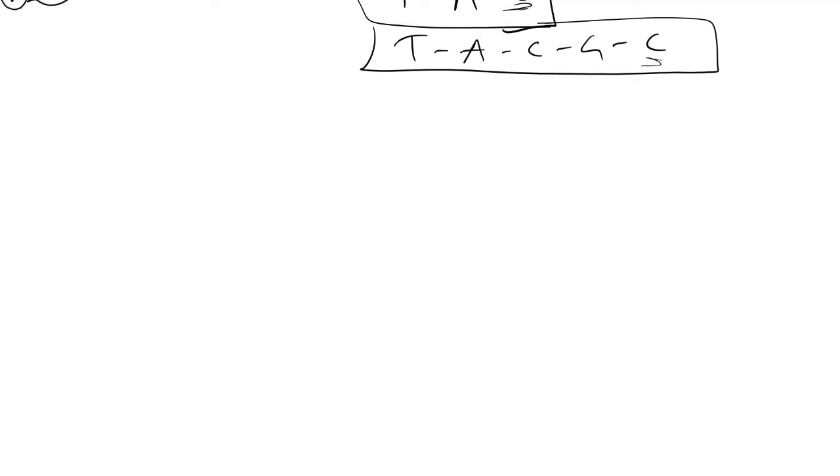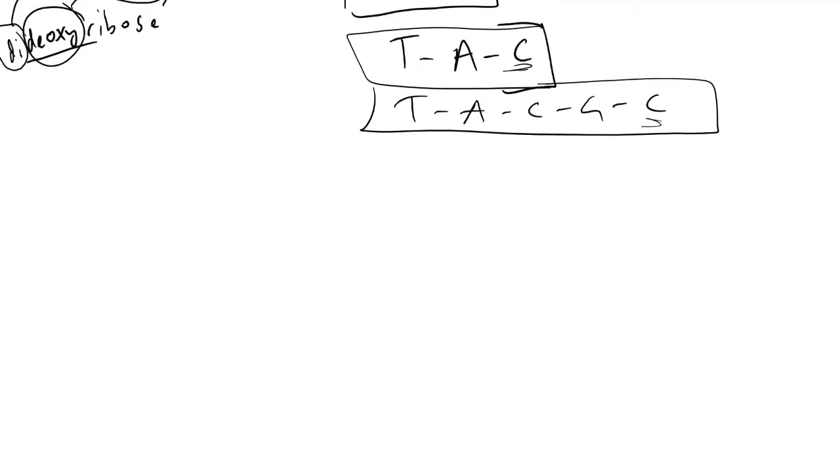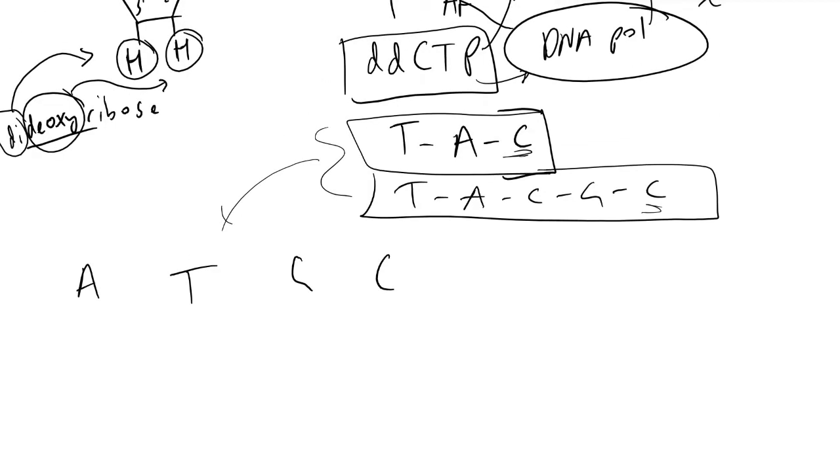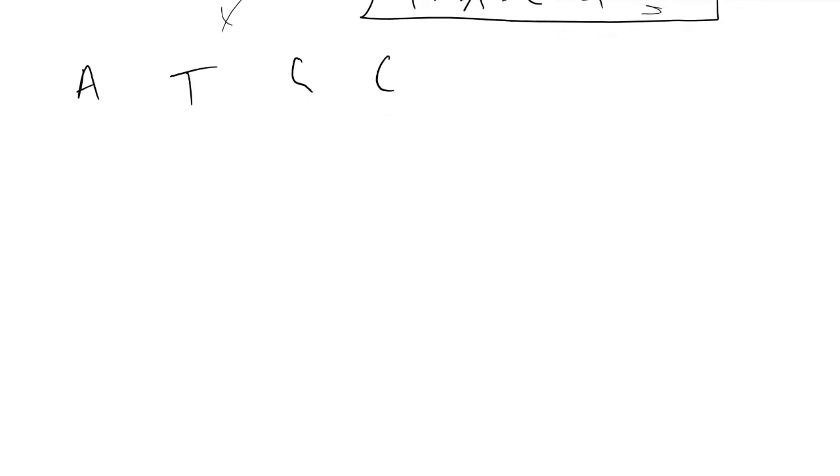If we take these fragments that we have and we stick them into a gel, we would be able to isolate the individual fragments that corresponded to each dideoxy nucleic acid. In our wells, we would have lanes that would correspond to different fragments.